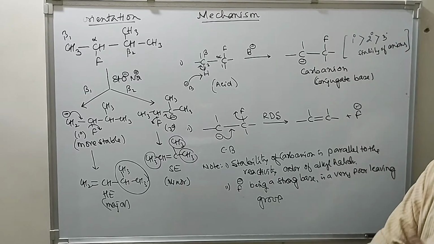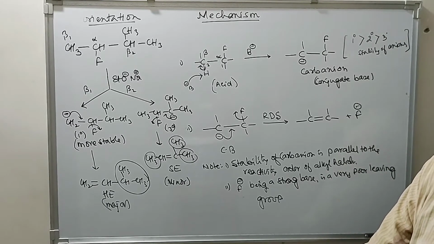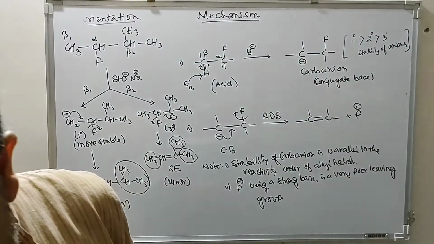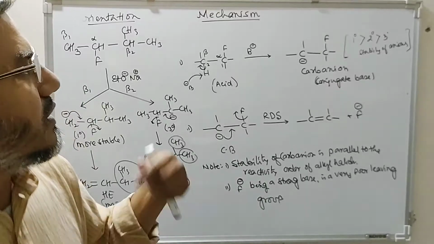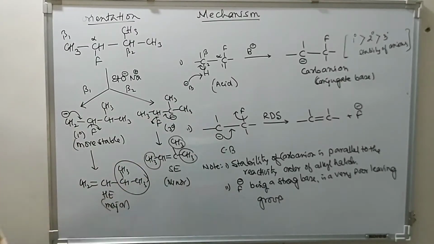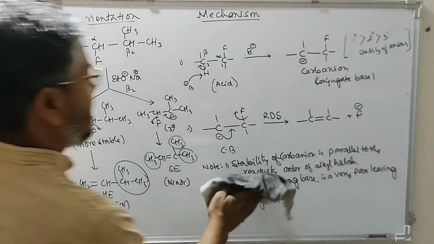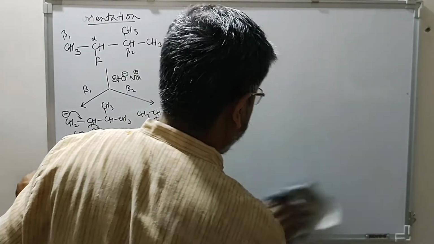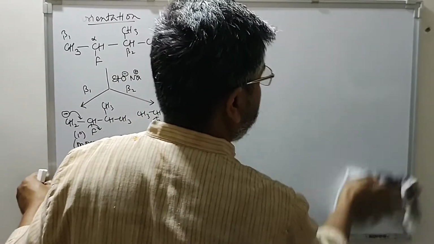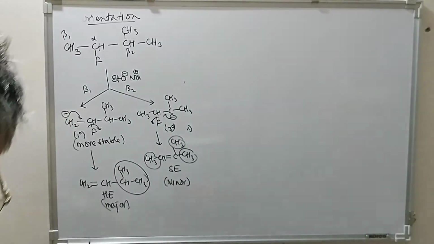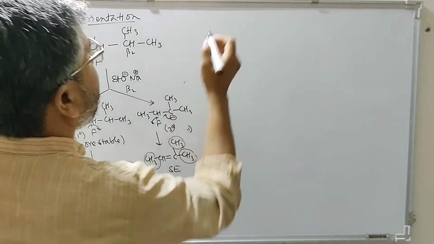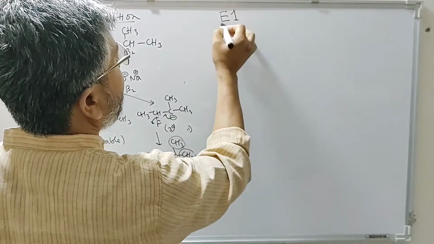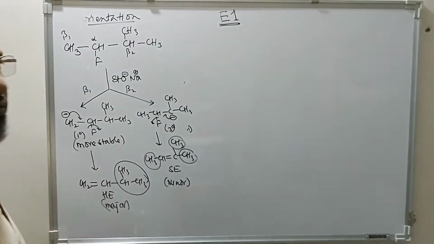Now after this we are left with one more pathway, that is the E1 pathway. Let's discuss this E1 pathway, then I'll go to the comparative study of these three pathways. So we are taking up E1 elimination, that is the third pathway.